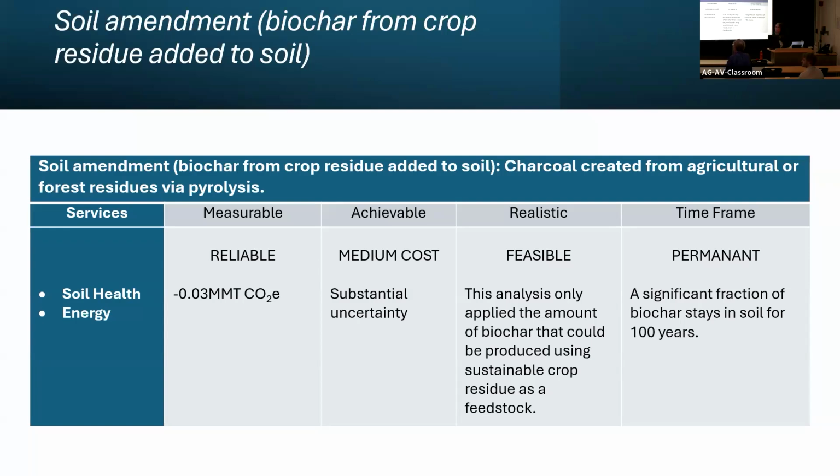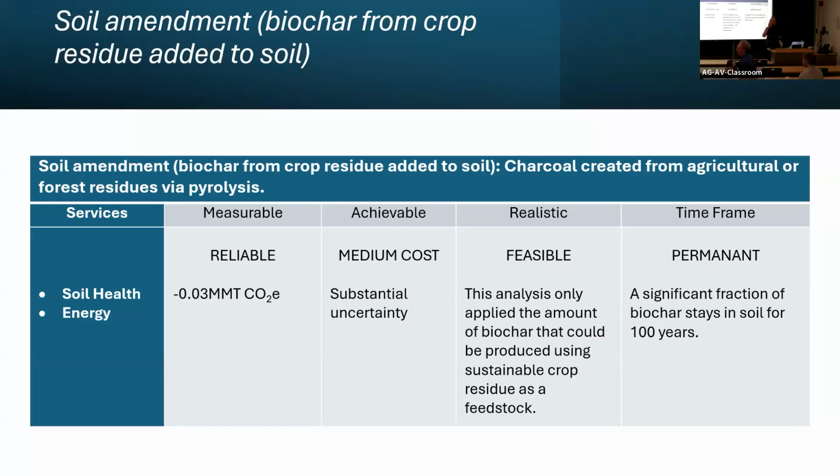So just crop residues, you are figuring. Sustainable crop residue. Peter, do you want to say more on that? Yeah, so this is from a national analysis called the Billion Ton Study, which looks at what is the potential feedstock production for bioenergy of all kinds.